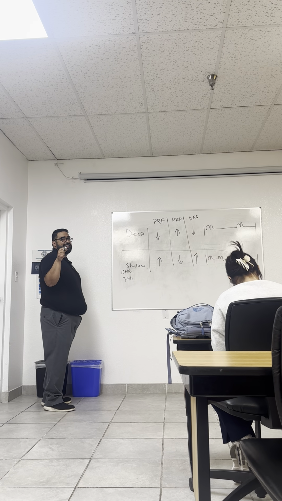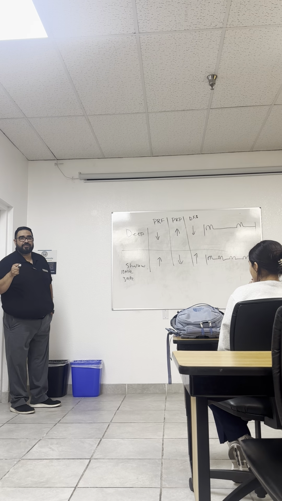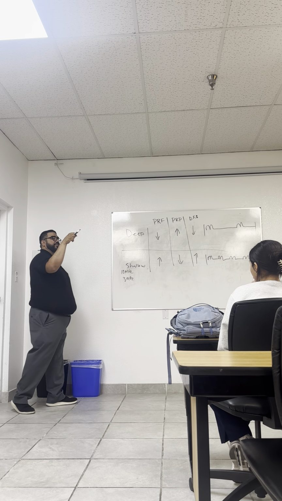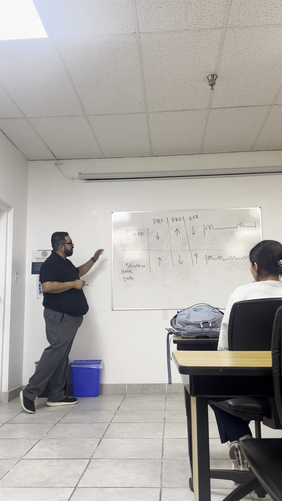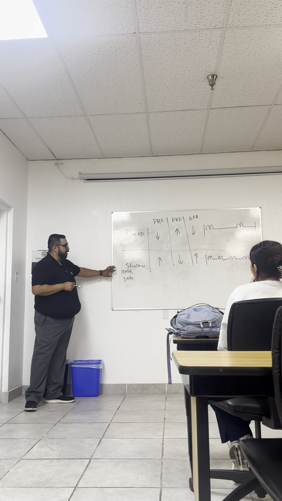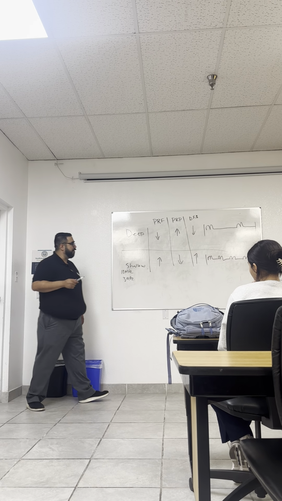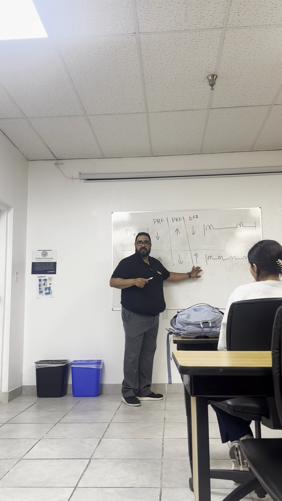Because the frequency is lower. If the frequency is lower, there are fewer pulses. If there are fewer pulses, there's less on time, which means less work being done, which means a lower duty factor. Higher megahertz, more pulses, more work being done, a higher duty factor.